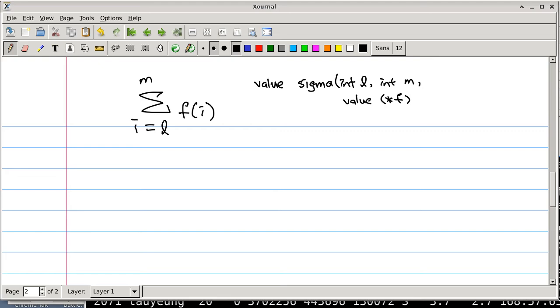Because in general, when you use the asterisk, it means it is a pointer of some kind. But in this case, it's a pointer to a function. But you can say, well, this means f is a pointer to a value, not a function. You're absolutely correct. I'm not quite done with the notation yet. So what you need to do next is to specify the actual parameters of the function pointed to by f.